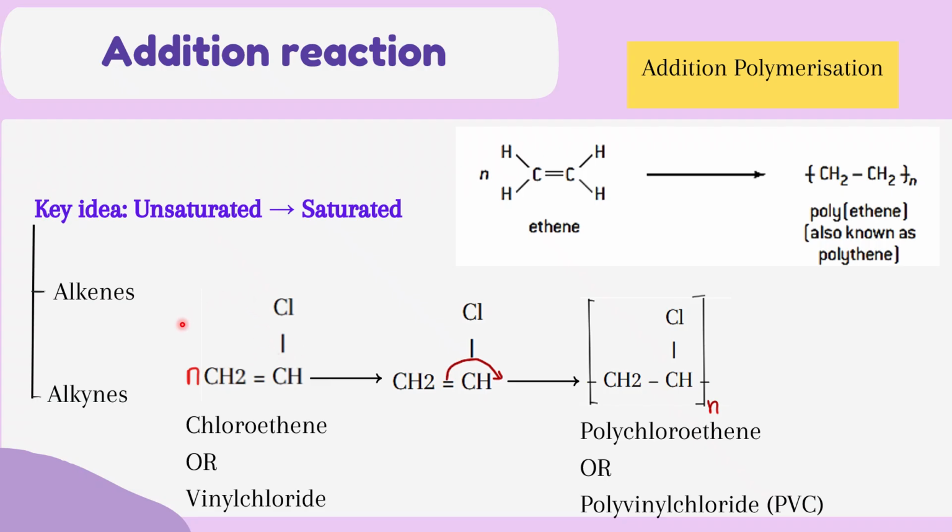So here I have chloroethene, as you can see, and I have taken it n number of times because when I say polymer, it consists of n number of molecules. That's why we require the reactant also in n number of molecules.